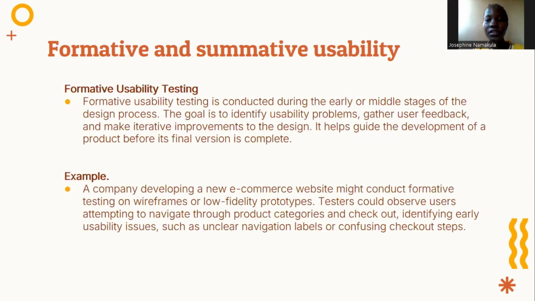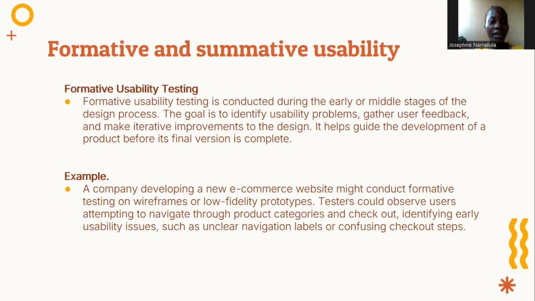These are the differences between formative and summative usability testing, and we provide an example for each. Formative usability testing is conducted in an early or middle stage of the design process. The goal is to identify usability problems, gather user feedback, and make iterative improvements to the design. It helps the development of a product before its final version is complete.